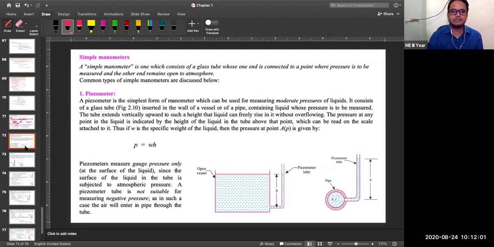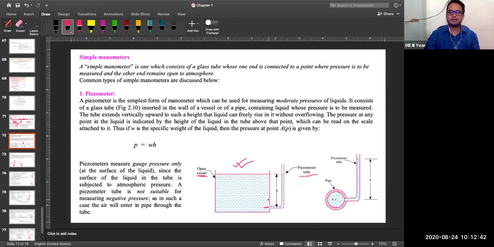So let's start with a simple example, the first type of simple manometer. A simple manometer is one which consists of a glass tube whose one end is connected to a point where pressure is to be measured and the other end remains open to the atmosphere. Here in the diagram you can see an open vessel, and a glass tube or piezometer tube is inserted at this location.